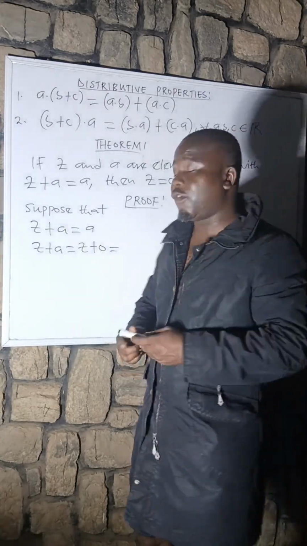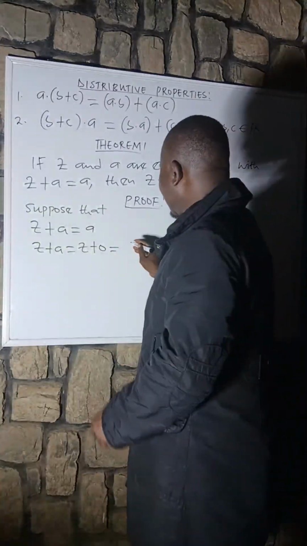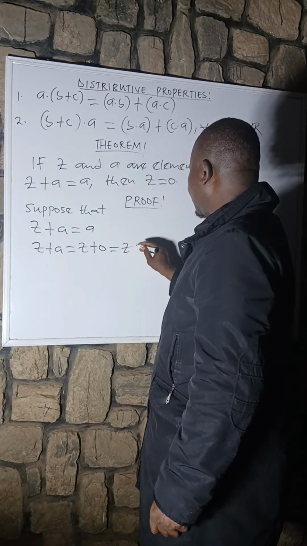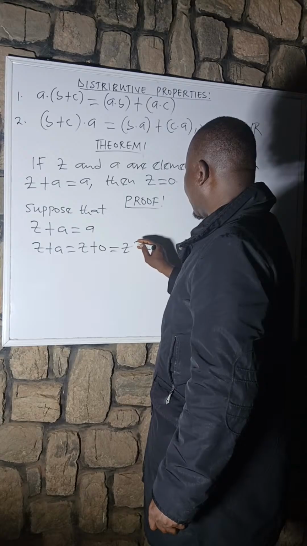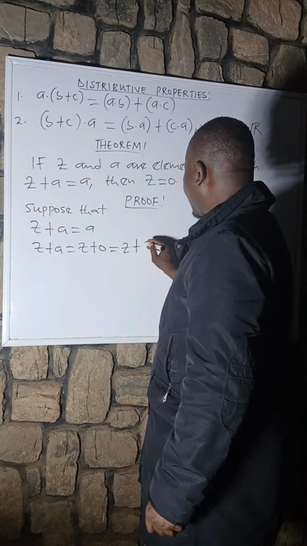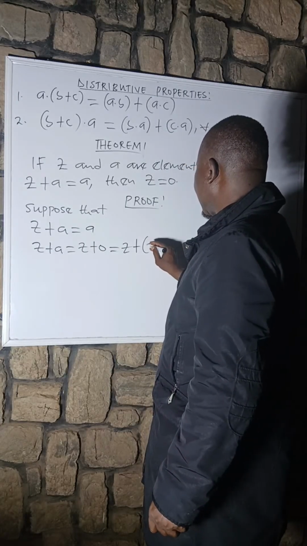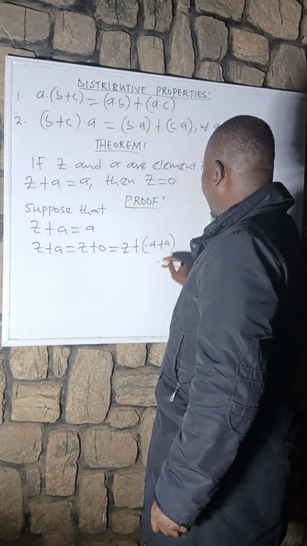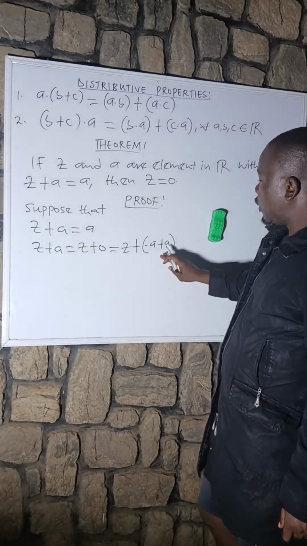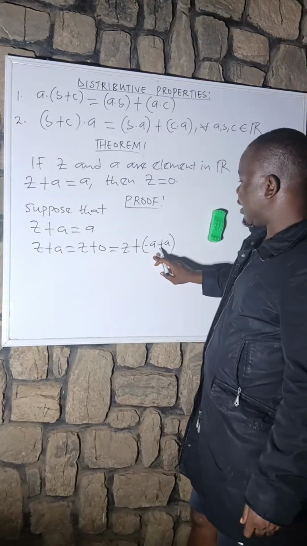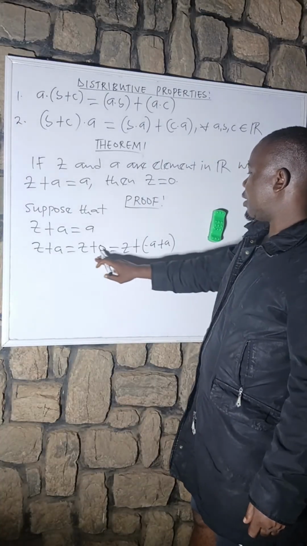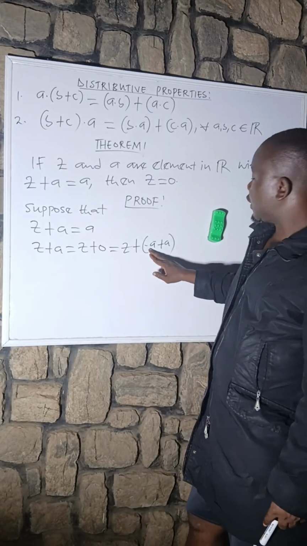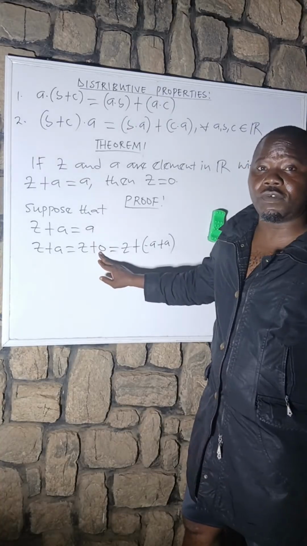Then, how can we show that there will be 0 here? So we now move further to write Z plus open brackets minus A plus A. Can you see now? You can see that this is the same thing as 0, true or false.